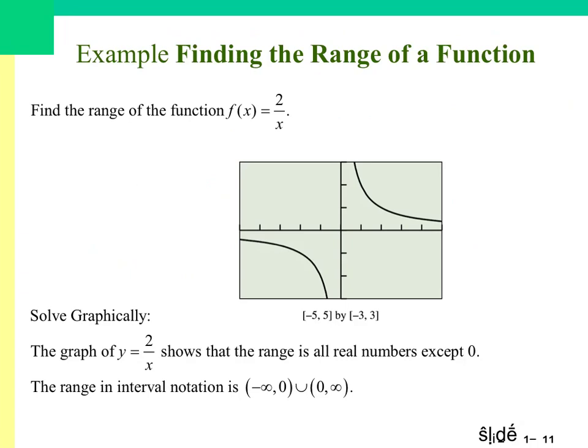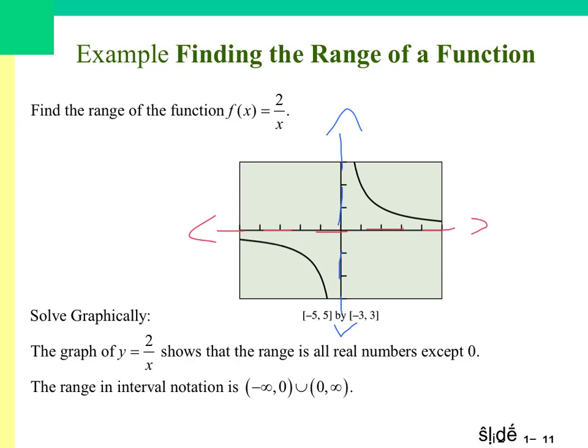So there's the graph. When you're finding the range, it's easiest to graph. This window, remember, goes -5 to 5, -3 to 3. So if you look here, these lines should be here right now. Those are the asymptotes. What it means is it's never going to cross that.